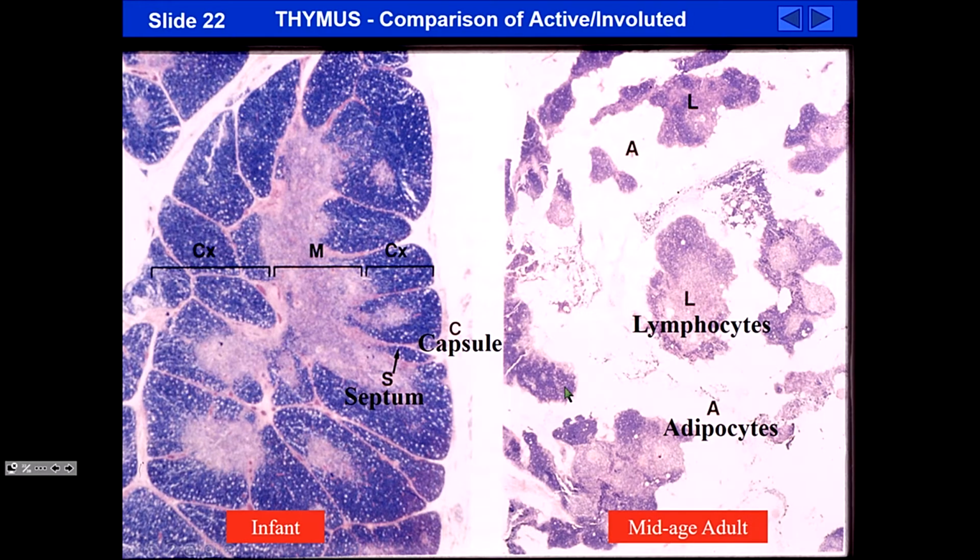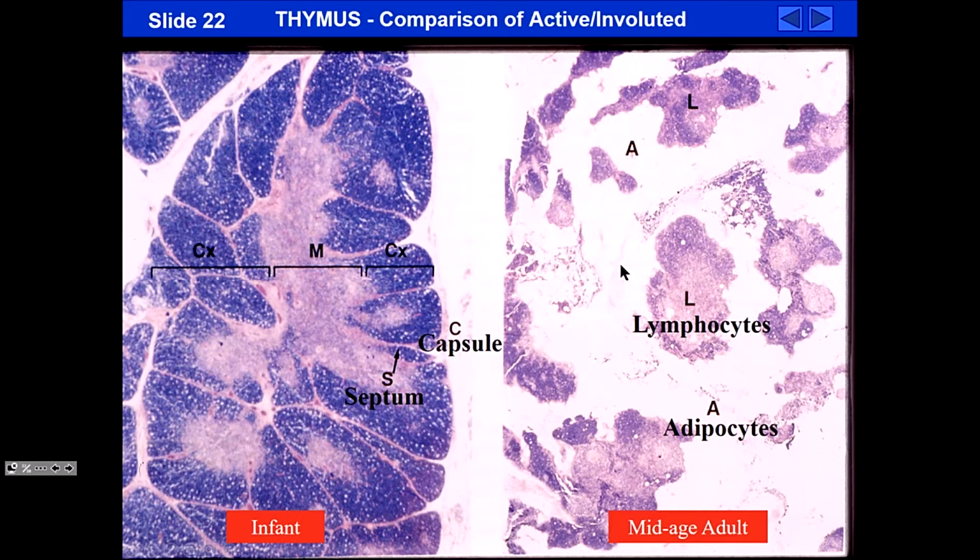Okay, younger and older thymus, you can see here abundant T cells in the younger individual, and in the older individual, replacement with adipose tissue. Okay, so again, decline in the capacity of the body to mount an immune response because of a gradual decline in lymphatic tissue. If it's in the bone marrow, replacement of red with yellow bone marrow.